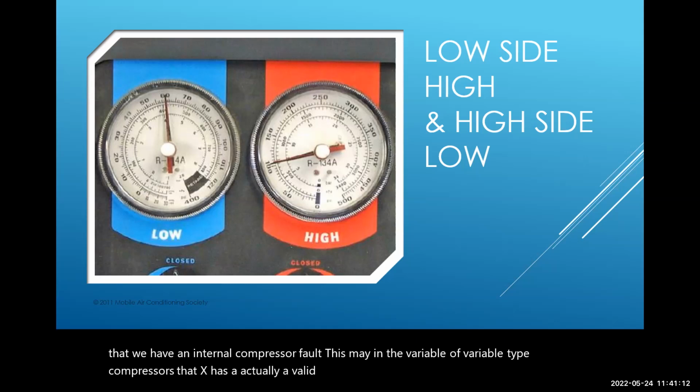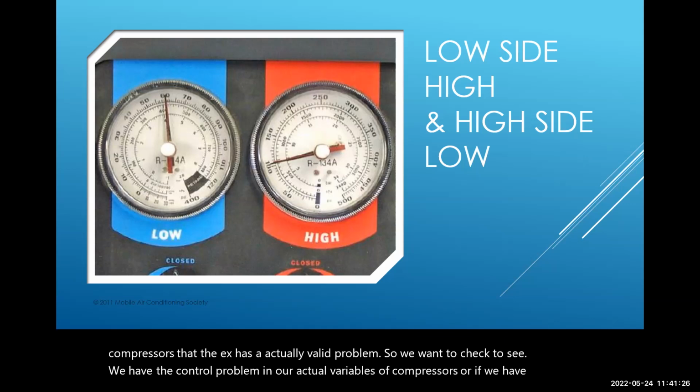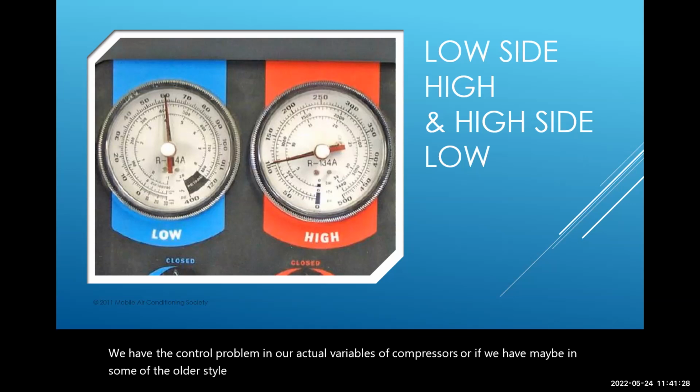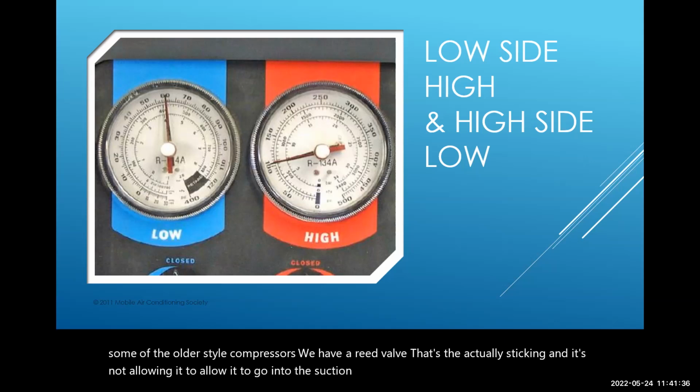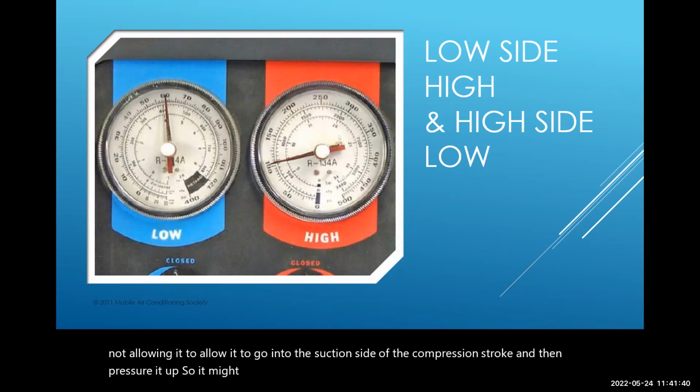So we want to check to see if we have a control problem in our actual variable compressors, or maybe in some of the older style compressors, we have a reed valve that's actually sticking, and it's not allowing it to go into the suction side of the compression stroke and then pressure it up. So it might be bleeding off, is what I'm trying to get at.